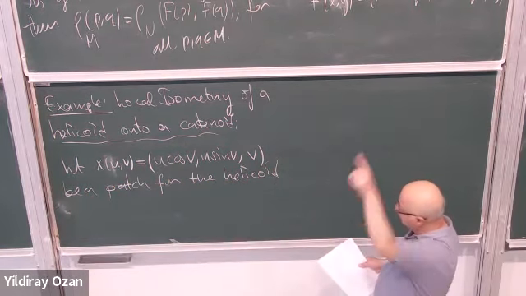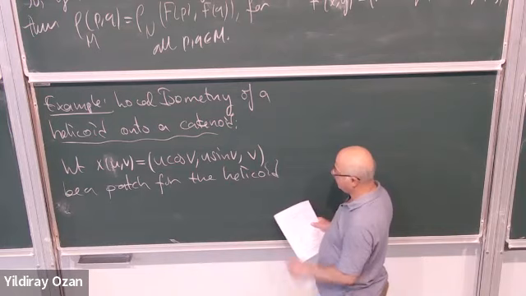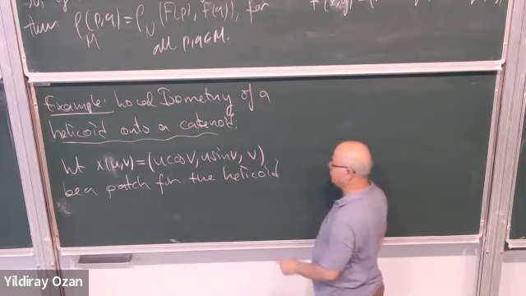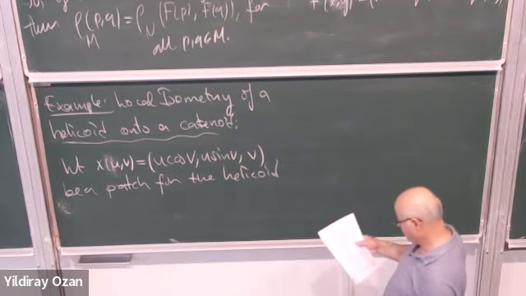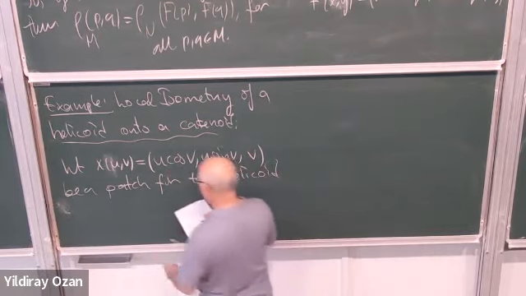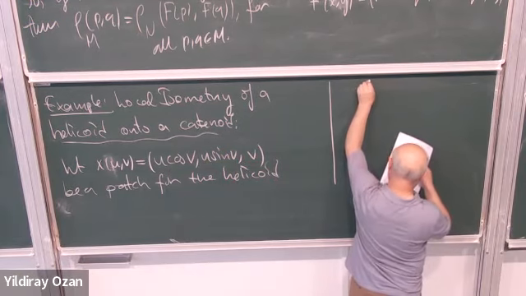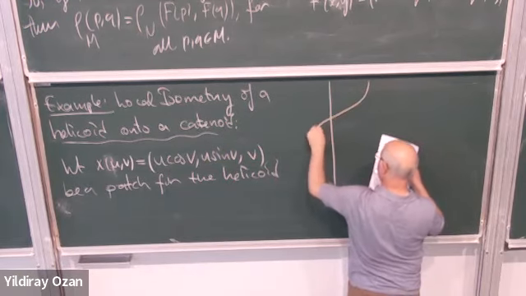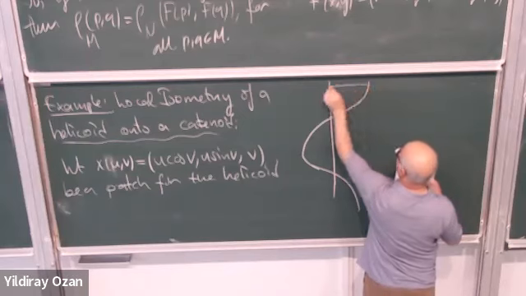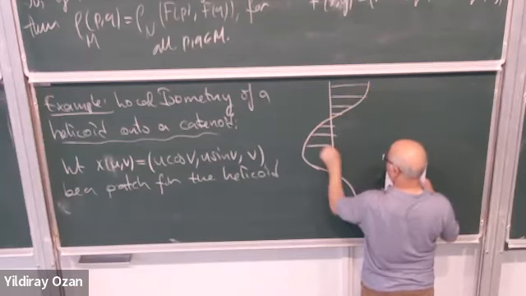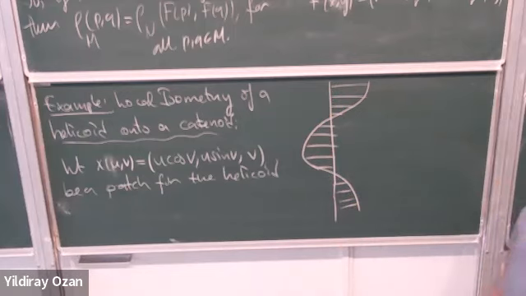One direction is going up and down, and this is the direction, the circular direction. So it's like a turning ladder, okay?